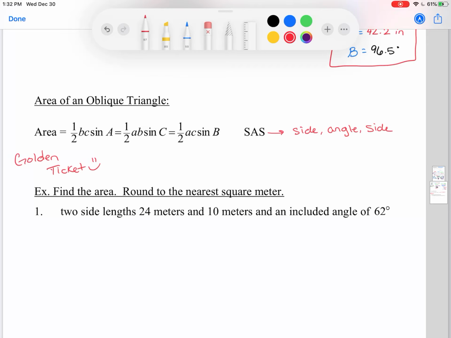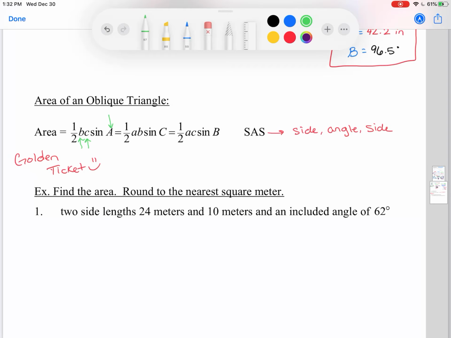You can tell that's given by the formula itself. Here's side B, here's side C, and in between both of those sides is angle A. So we should know one bit of information from every single letter in order to use this formula.